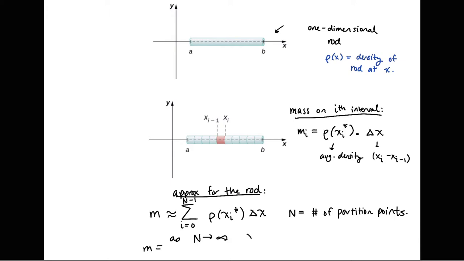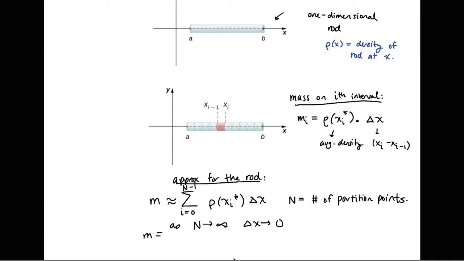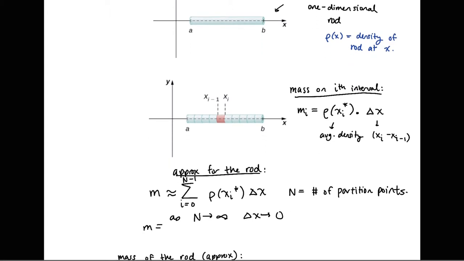As n goes to infinity, the width of each interval is going to go to 0, and we get the integral from a to b of the density function dx. So it's a very straightforward integral as the delta x goes to 0.